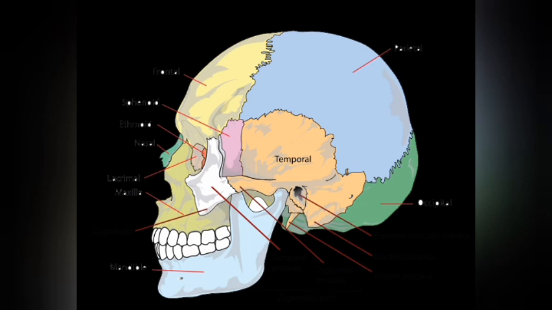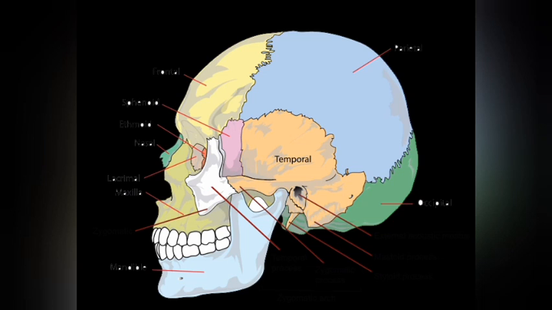Then we went further to say that the cranium can be divided into two sets: the bones making up the roof of the cranium, and the bones making up the base of the cranium.